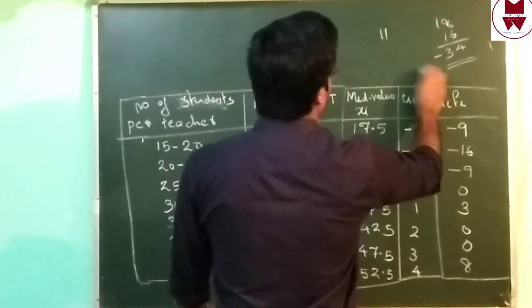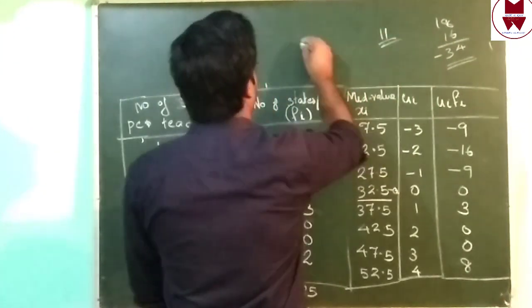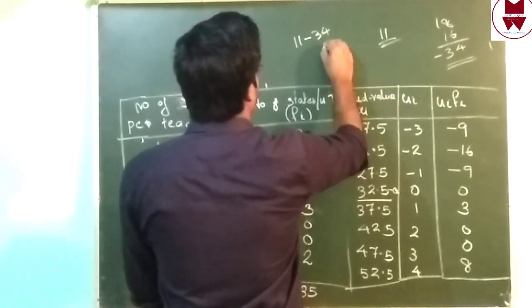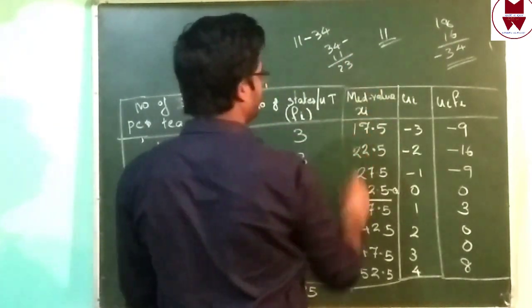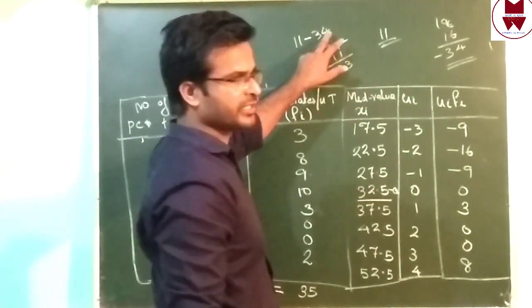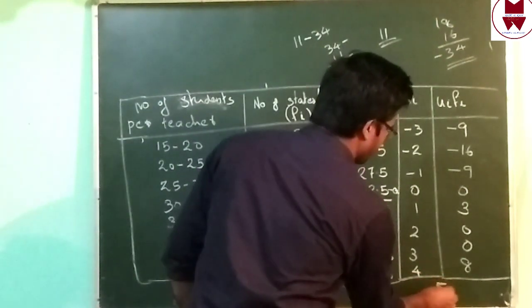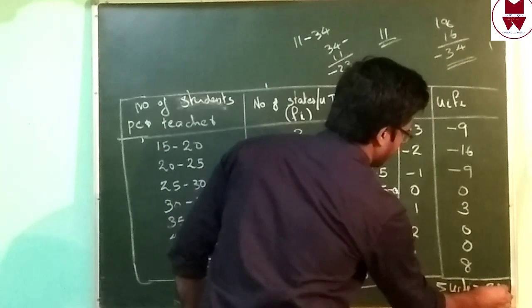Then 11 is positive. Then do it minus 34, 11. 11 minus 34. What will you get? You can do 34 minus 11. 23 will get, isn't it? Then what is sign? Minus, because 34 is big number, that sign is minus. You will get minus 23. Sum of uifi equal to minus 23.